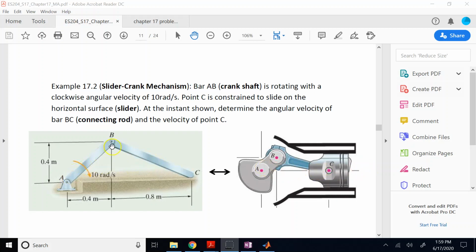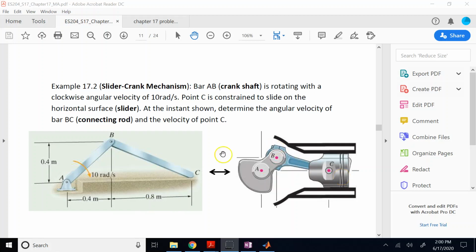This is a simplified model of this slider crank mechanism on the left. Here we have some numbers. These numbers not necessarily match the actual dimensions, but this is just a simplified version of this mechanism. So the lengths that you see here, 0.4, 0.4, and 0.8, will not exactly match the actual lengths.